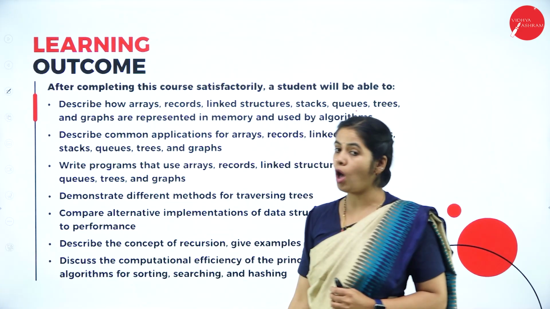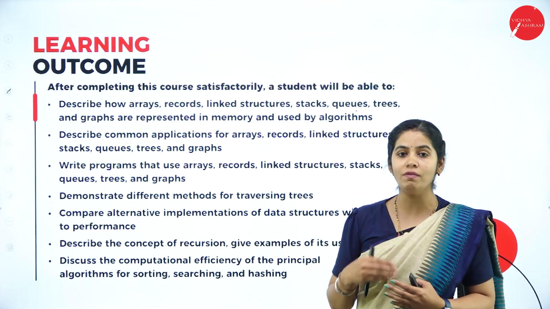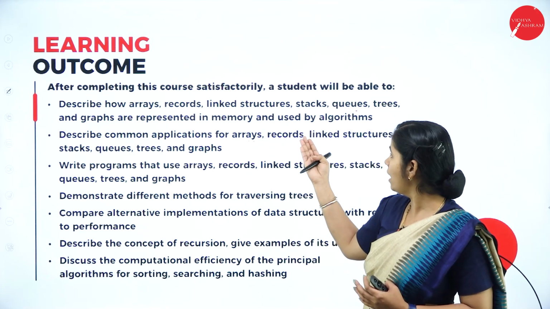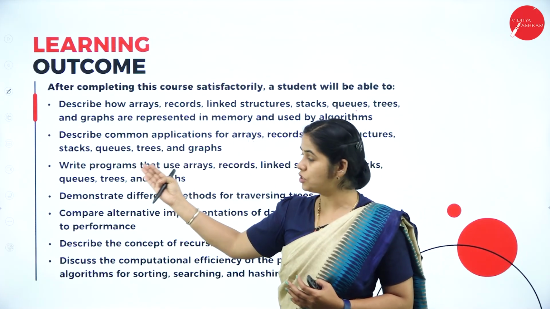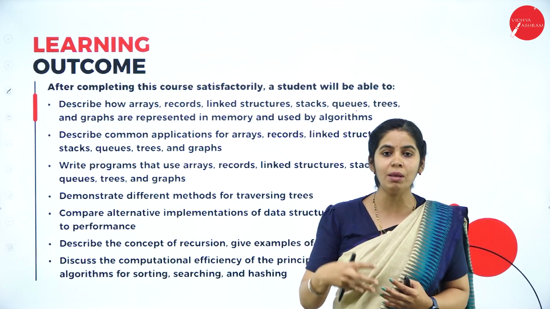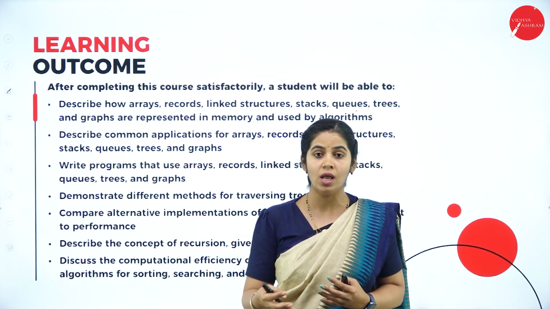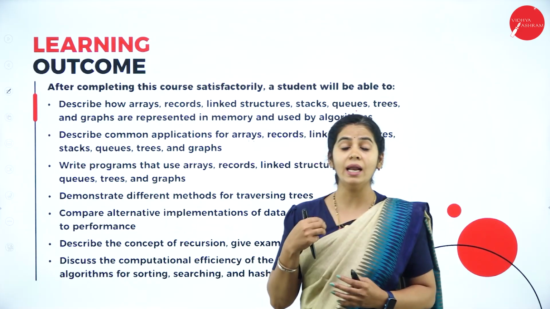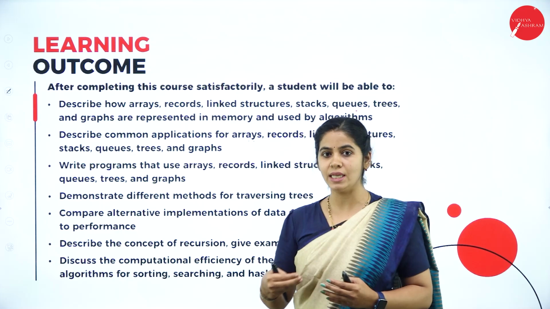Then describe the common applications where we can use these data structures: arrays, records, linked list, stacks, queues and trees, where we can implement these types of data structures, so that you get a clear idea about that. Then writing a program using these data structures.